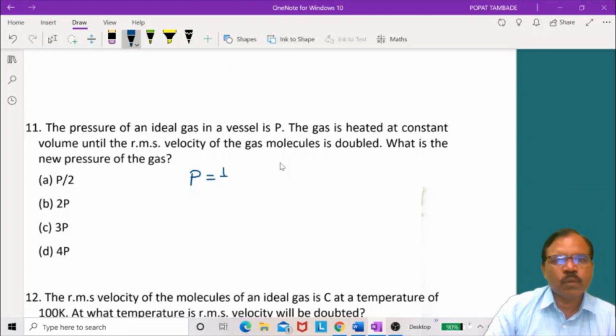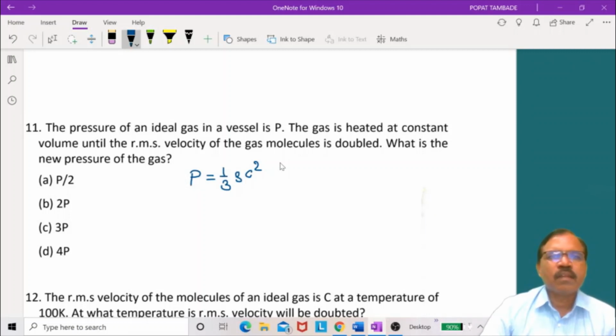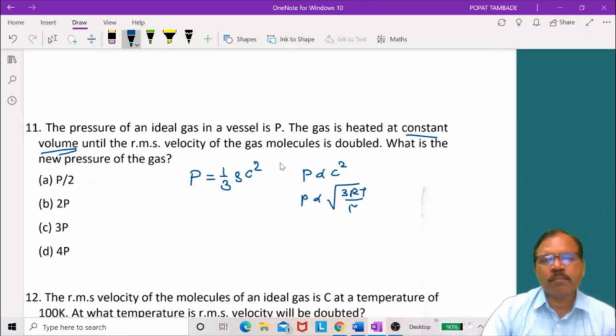P is equal to 1/3 rho C square, where rho is density of the gas and C is RMS speed. Here volume is constant, so density will remain constant. So P is proportional to C square.